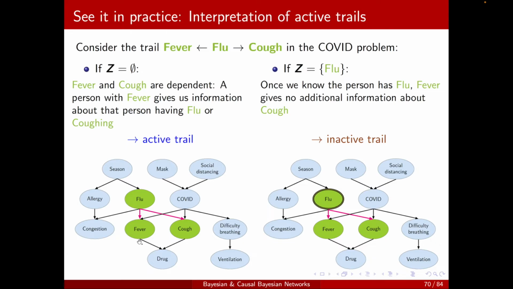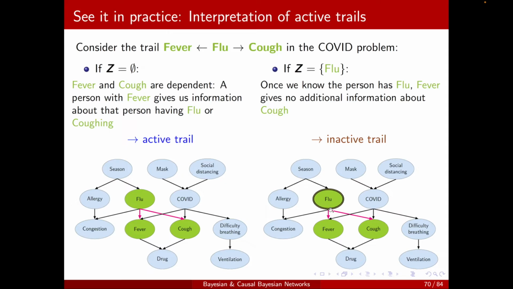The story here is that a person with fever gives us some information about that person having flu or cough, or whether the person is coughing. If I know a person has fever, it may make it more likely that the person has flu or is coughing.